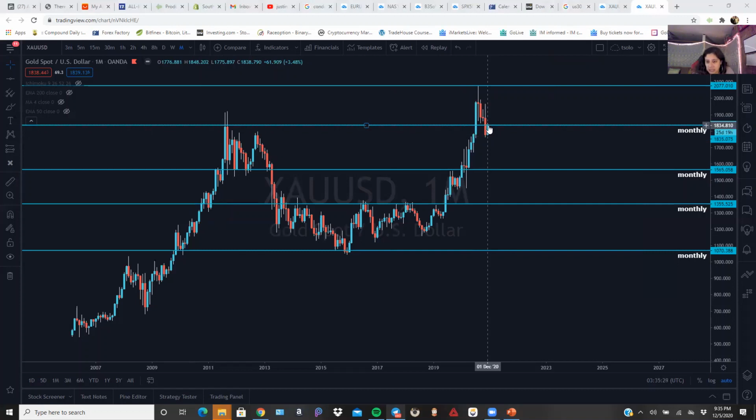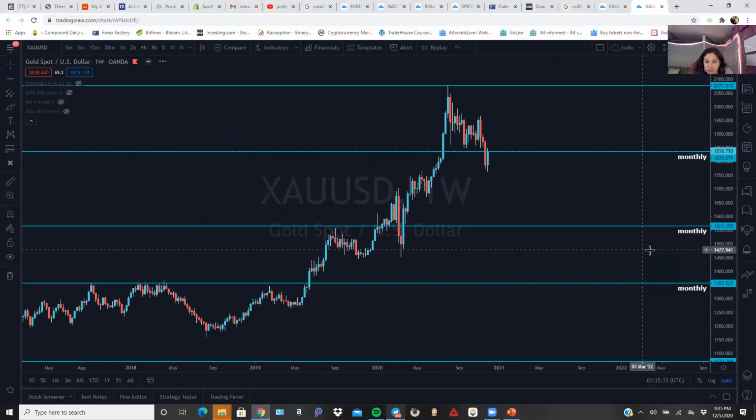So let's go ahead and look at the weekly and see how the weekly closed. Beautiful. The weekly closed underneath the monthly, right? We had a nice, beautiful monthly breakout, a nice retest back, a nice pull up, and then we broke back into it. So now we're inside of it again, and we're retesting with this green weekly candle.